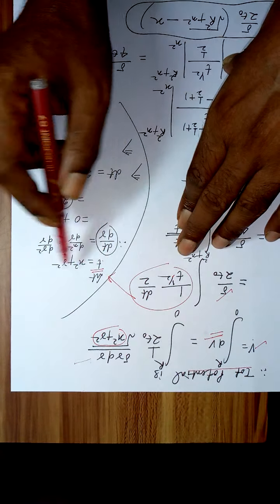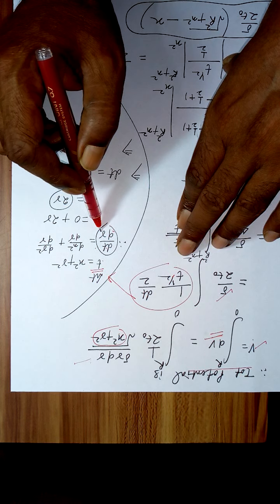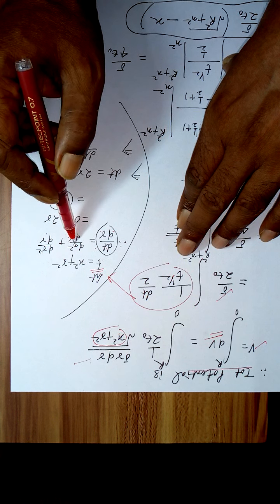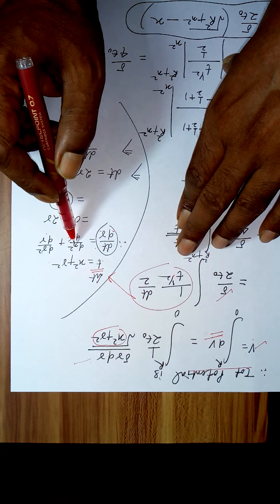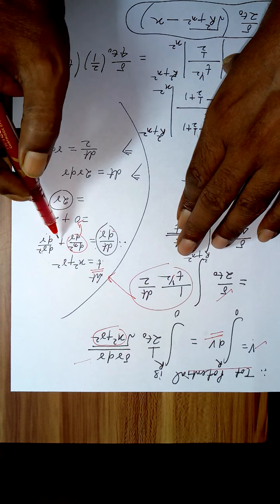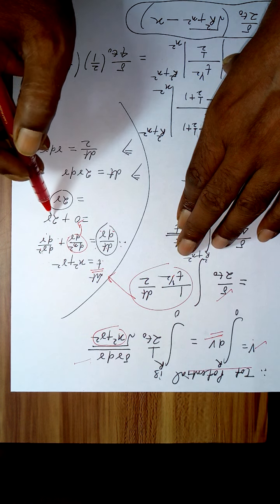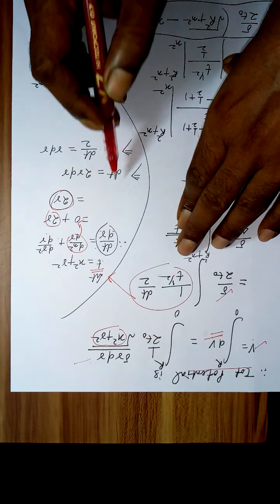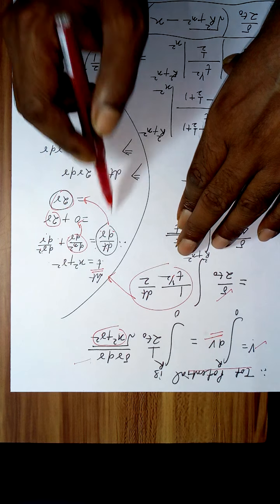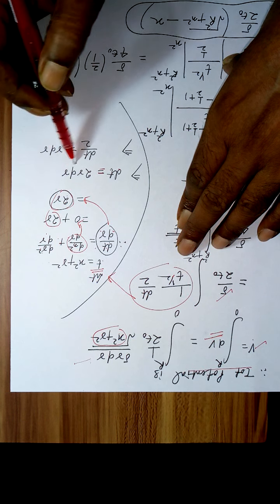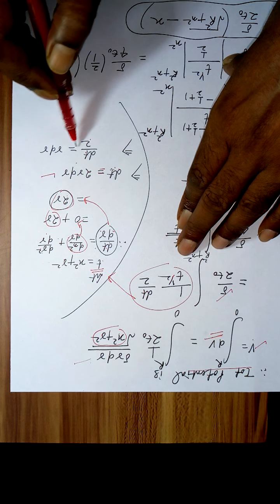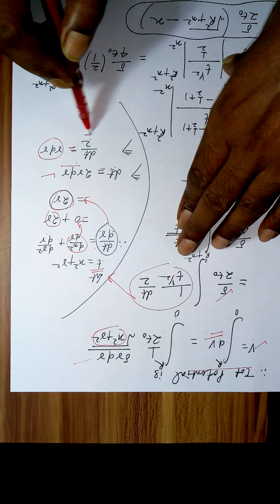Differentiating both sides, dt by dr is d(x square)/dr plus d(r square)/dr. x is a constant because P is a given point, so its derivative is equal to 0. The 2 comes here, the power of r reduces by 1, so it becomes 2r. So dt over dr is this. Cross multiplying, dt is equal to 2r dr. Now bring this 2 to this side, so dt over 2 is equal to r dr.